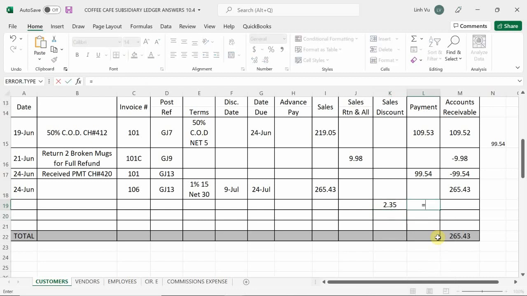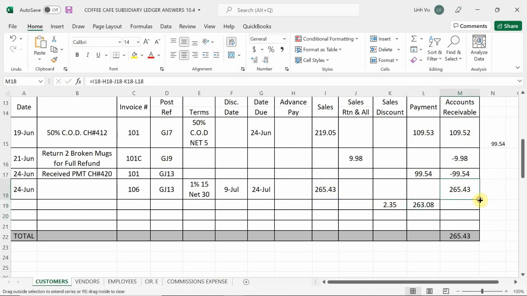So therefore, how much did Katie actually pay? She paid $263.08 because she received a discount of $2.35.